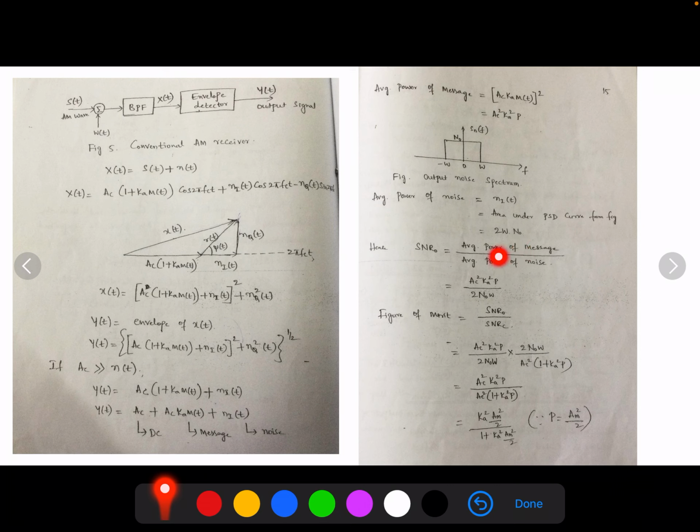If you take the ratio of these two, this is the SNRO.